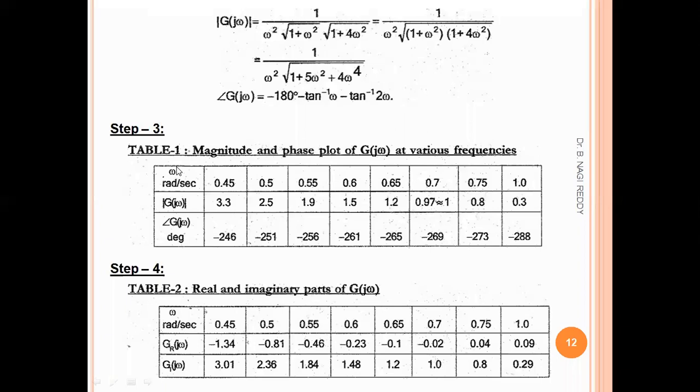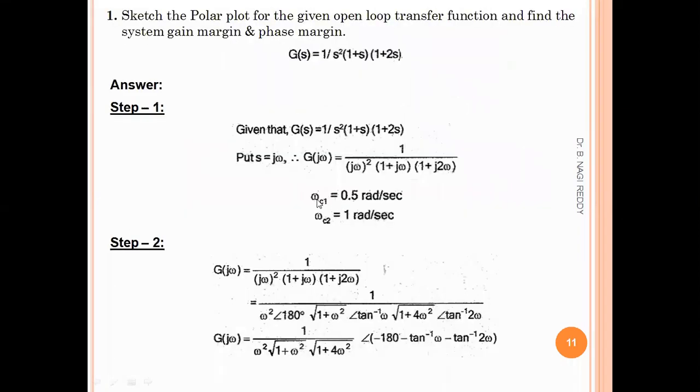Step number 3 is used to draw the polar plot in the polar graph sheet. So for that, see, we have got 2 corner frequencies, 0.5 and 1. Only 2 frequencies we are having.